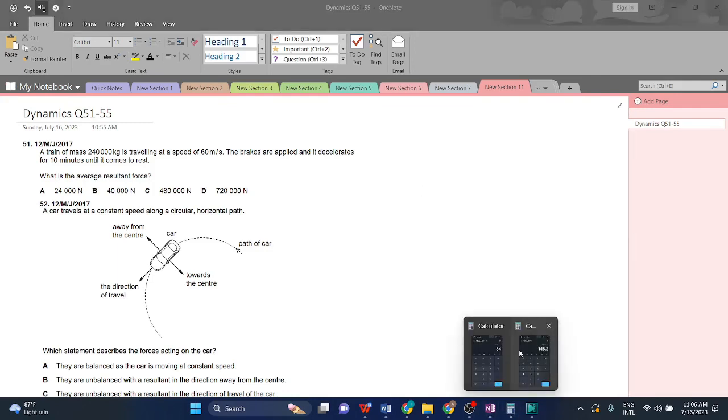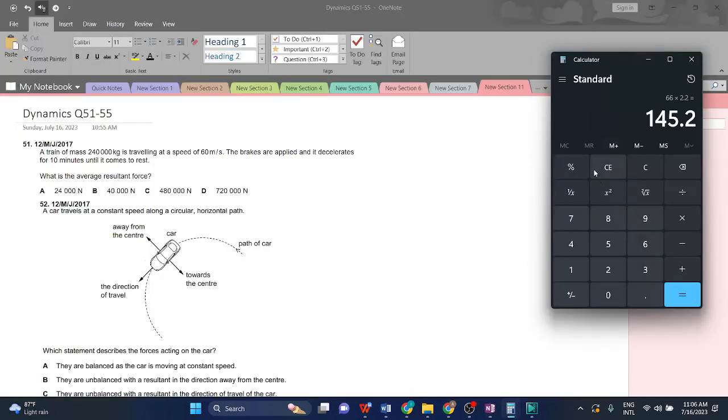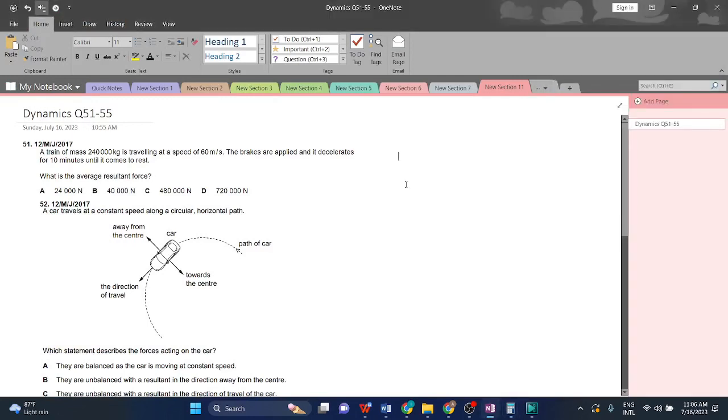अच्छा जी, कैलकुलेटर निकालते हैं. अब हम कैलकुलेट करते हैं, ठीक है ना. एक्सेलरेशन का फॉर्मूला क्या होता है? v minus u divided by time, right? v क्या है? v is 0, minus u क्या है? 60 divided by time क्या होगा?